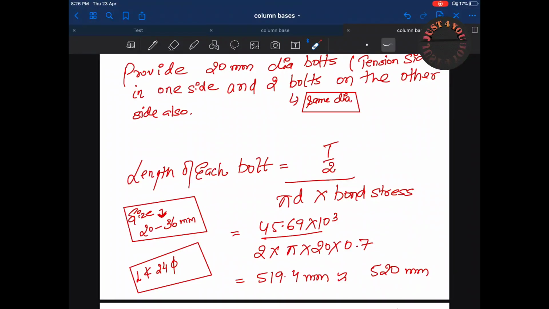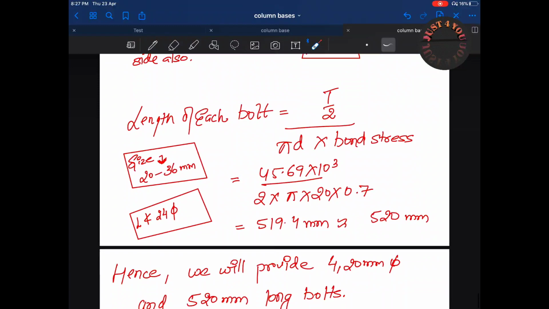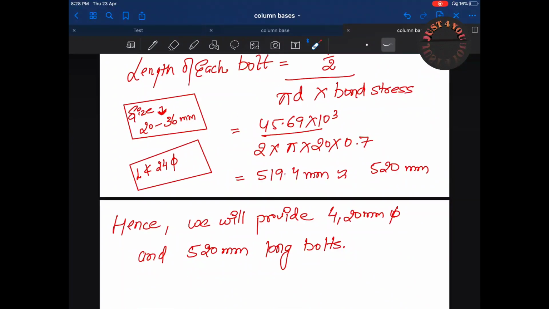I assume 20 mm diameter, and if I multiply it by 24, we get 480 mm, and our value comes to 520 mm. So the length of the bolt is okay for the connection. So we can provide 4 bolts of 20 mm diameter and 520 mm length.